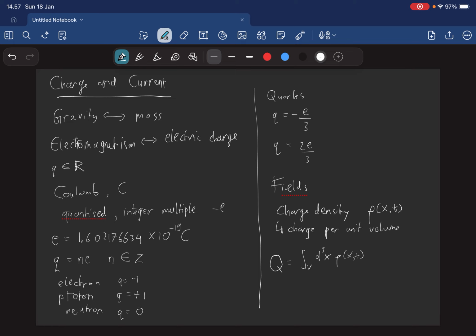In most situations, we will consider smooth charge densities, which can be thought of as arising from averaging over many point-like particles. But on occasion, we will return to the idea of a single particle of charge Q moving on some trajectory r.